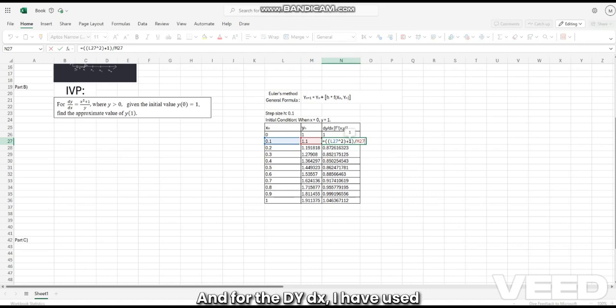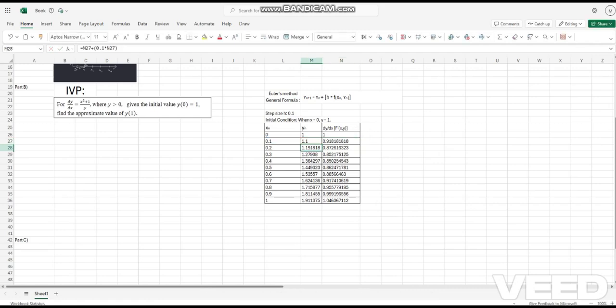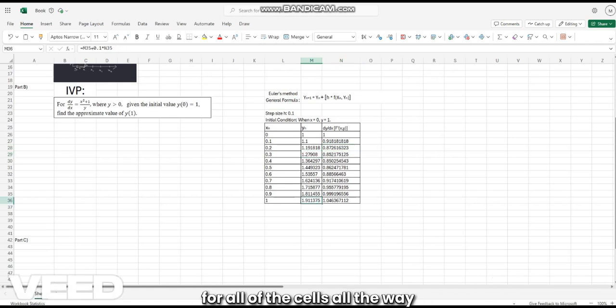And for the dy/dx, I've used the given equation here, x squared plus 1 over y equals dy/dx. So I've used x squared plus 1, and the whole thing divided by y. I've used these formulas for all of the cells all the way until we reach x equals 1.